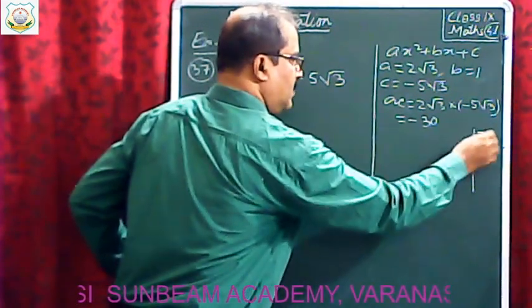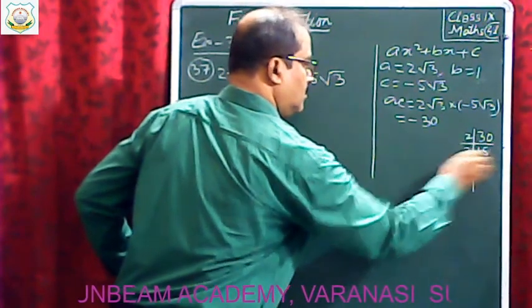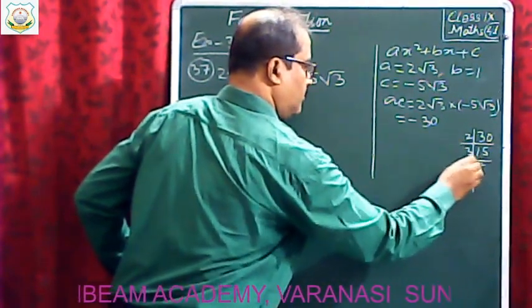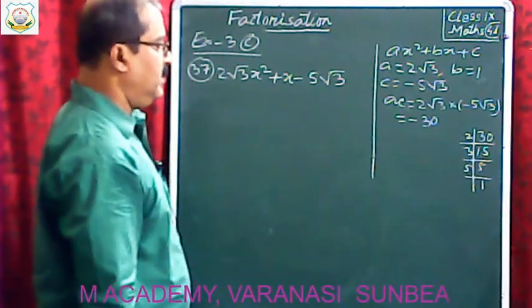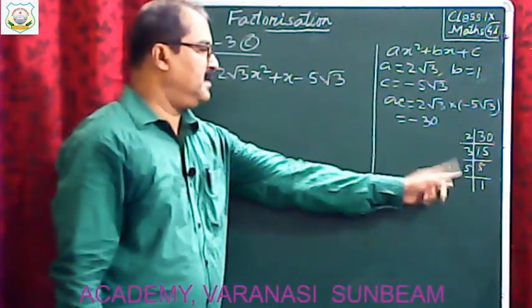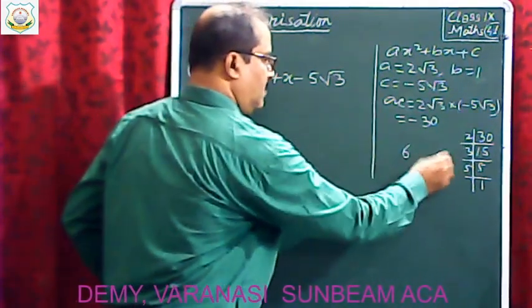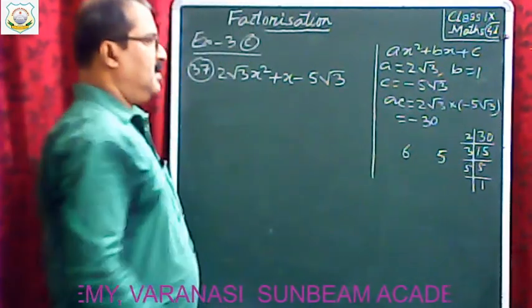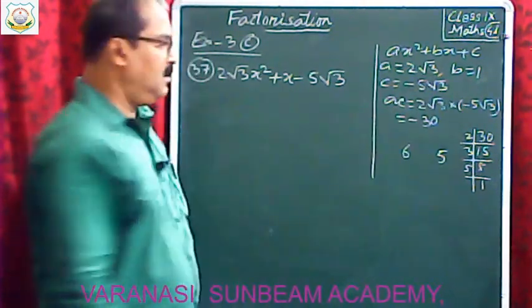Thereafter you have to factorize 30. So what we get? 6 and 5. B is 1. So 6 minus 5 is 1.